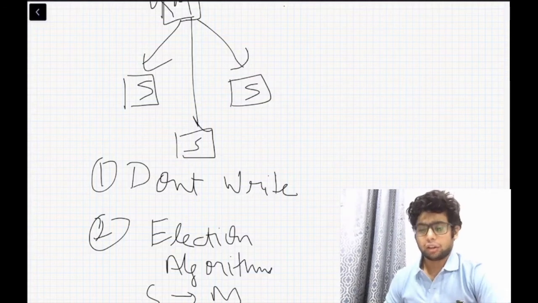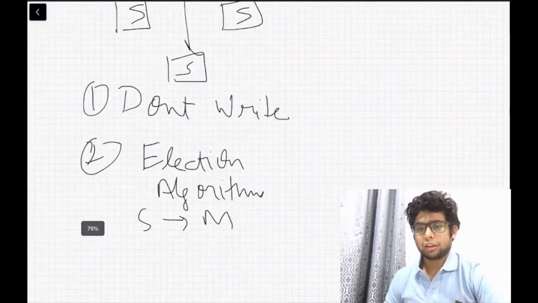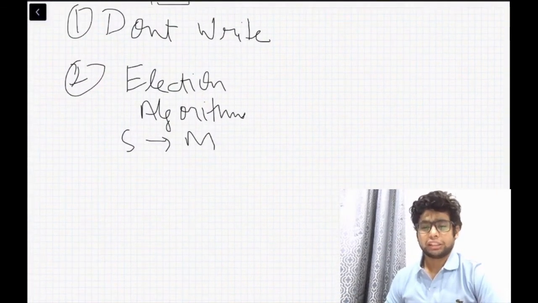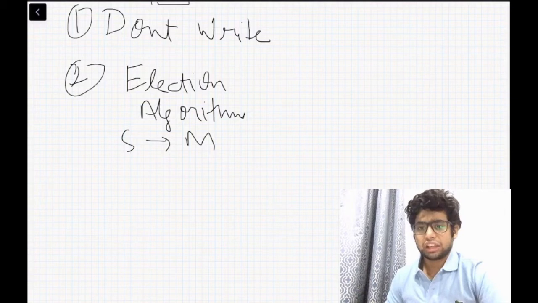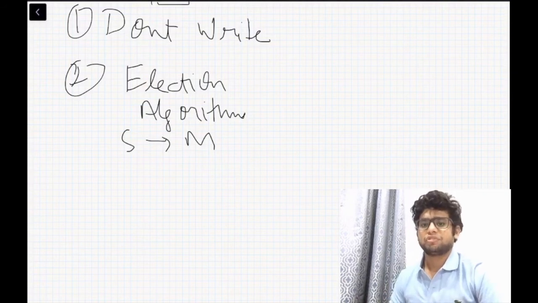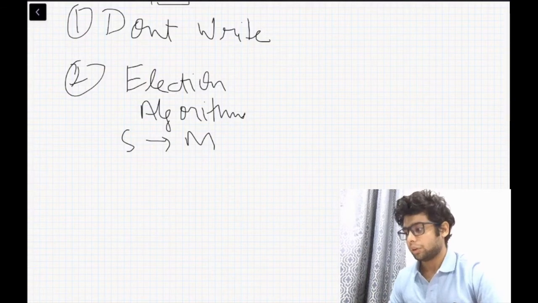If we consider the simplest election algorithm, the slave with the latest timestamp of the write would be changed to master. But there is more complexity involved, and there are various algorithms for elections as well. We will go into detail of these election algorithms in another video.